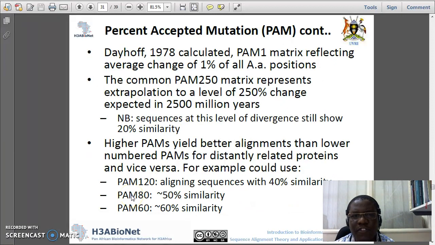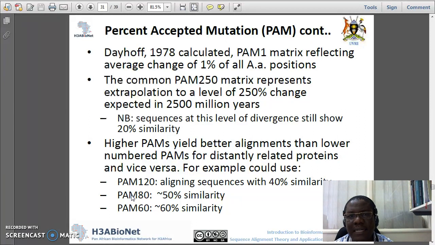So the PAMs were first initiated in 1978 by Dayhoff when she calculated the PAM1 matrix, which, like I've earlier said, reflects an average change of 1% of all amino acid positions in the alignments under consideration. Now, the common PAM250 that's mostly used in many alignments, and all the other PAM family members other than the PAM1, are just extrapolations.